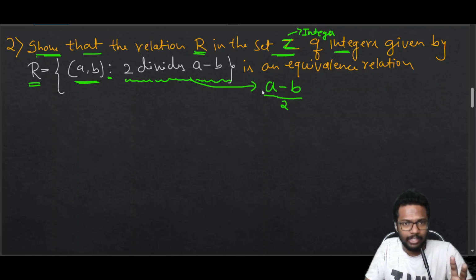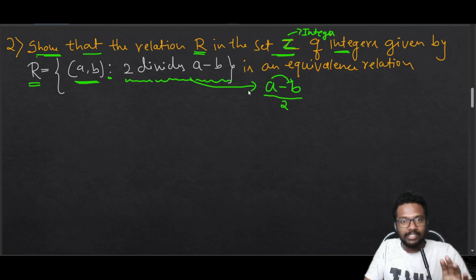So we consider two elements a and b and subtract them. If the result is divisible by 2, then we can say a is related to b. If a minus b is not divisible by 2, then a is not related to b.